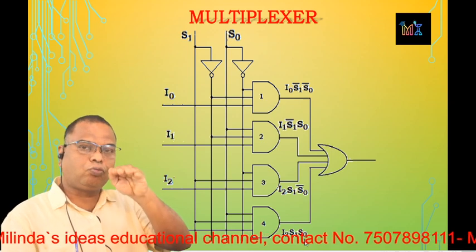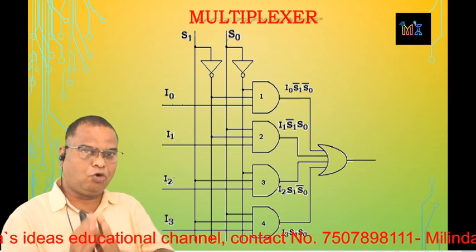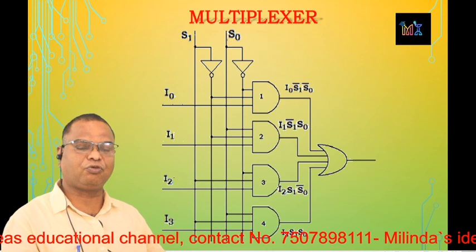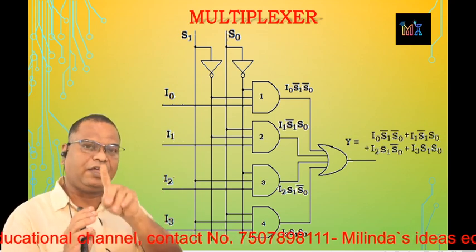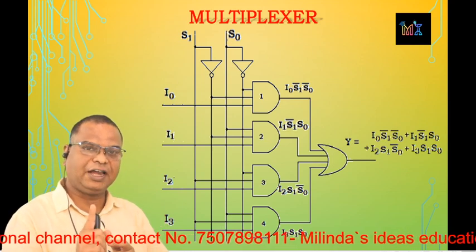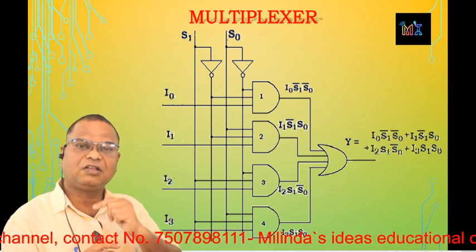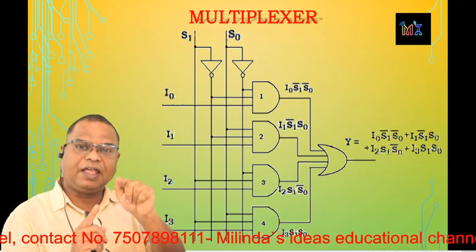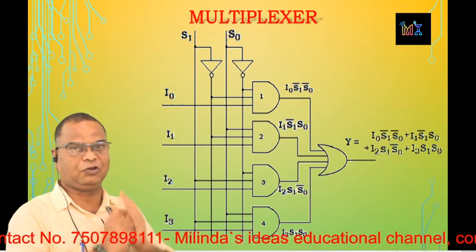These outputs are connected to the OR gate, whose output is Y is equal to I0, S1 complement, S0 complement, plus I1, S1 complement, S0, plus I2, S1, S0 complement, plus I3, S1, S0.